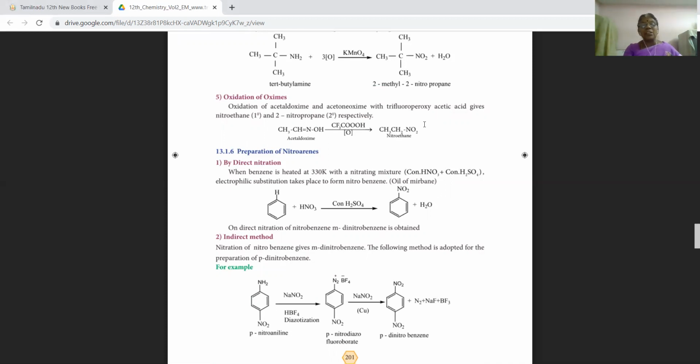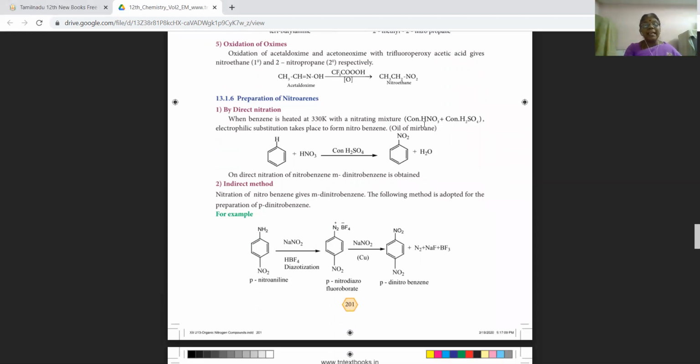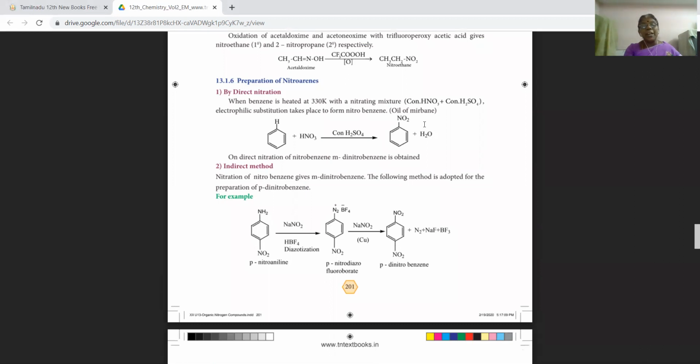On direct nitration of nitrobenzene, meta-dinitrobenzene is also obtained. The next method is the indirect method. Nitration of nitrobenzene gives meta-dinitrobenzene. The following method is adopted for para. That is para-nitroaniline, a benzene ring with NH2.